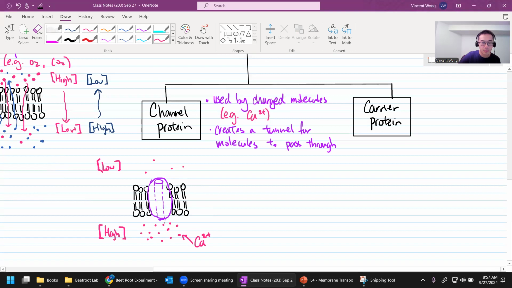Right? So what happens is they will go through the tunnel and move to the lower concentration. It's the same concept as simple diffusion, but with the help of a protein.